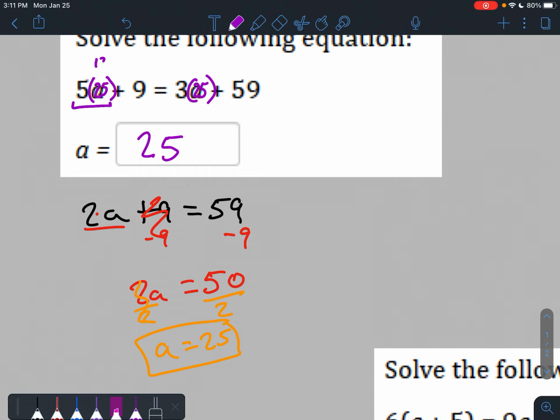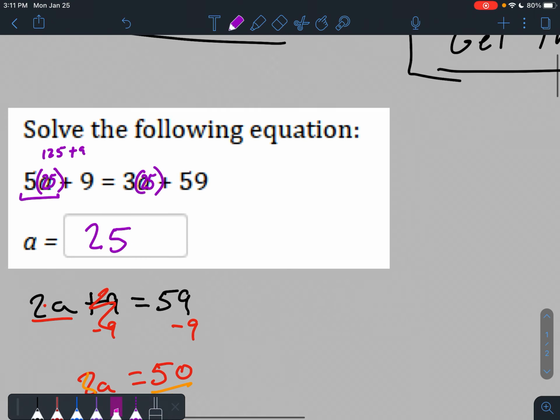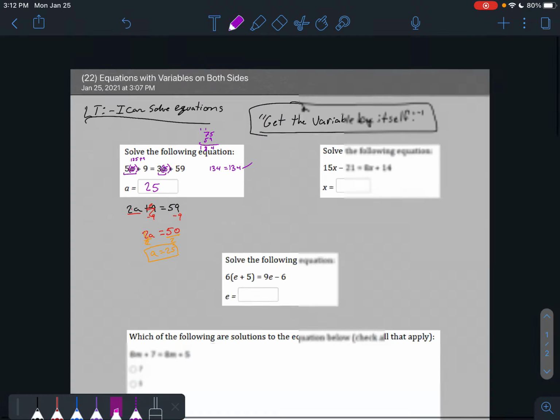Well, 5 times 25 is going to be 125, plus 9 is going to be 134. And that is allegedly equal to 75. So 3 times 25 is going to be 75 plus 59, which is going to end up being 134. So we know that it checks out.